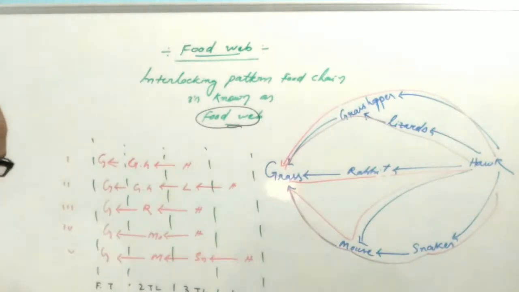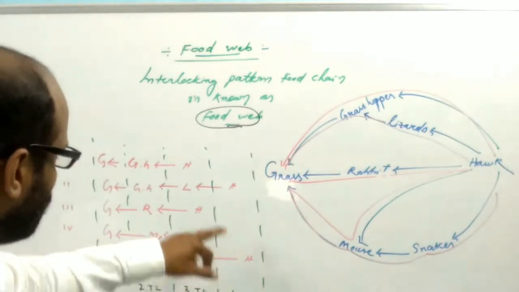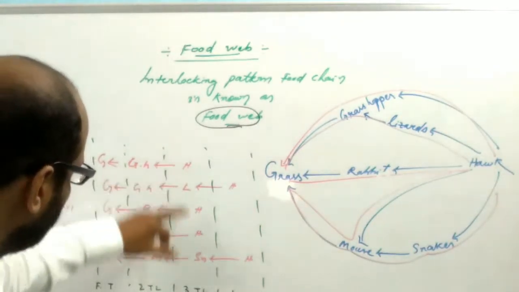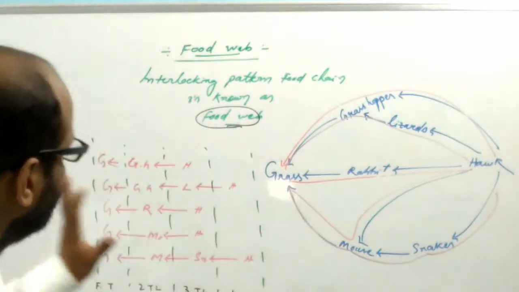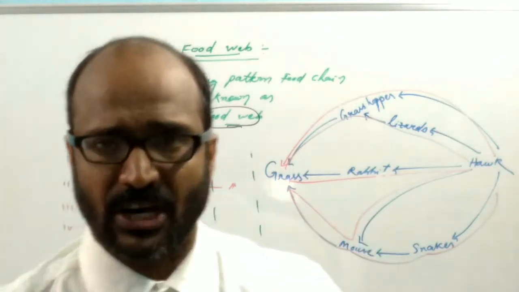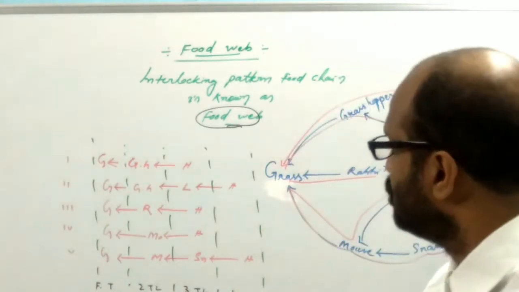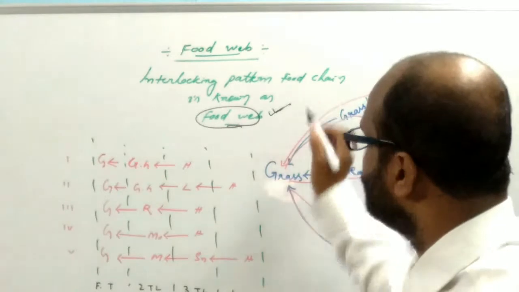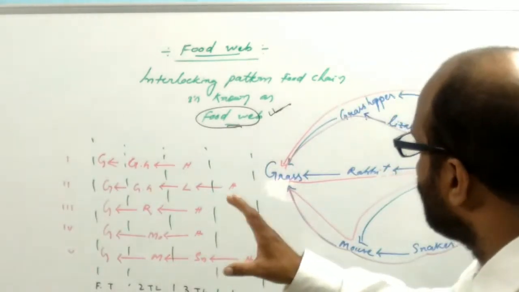Then we find that at the same time, the same organism may be present in the third trophic level and the fourth trophic level. So the same organism in the ecosystem may take different positions in the trophic level in the food web.